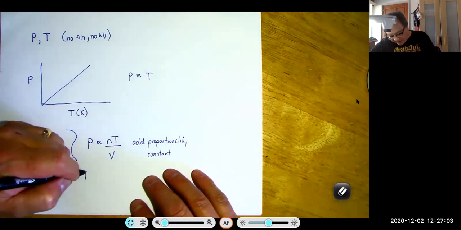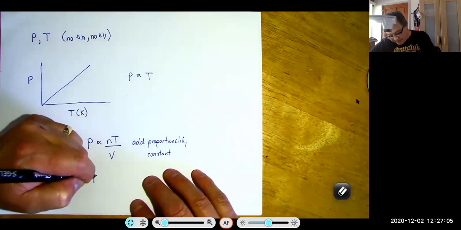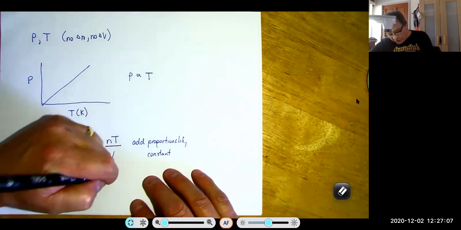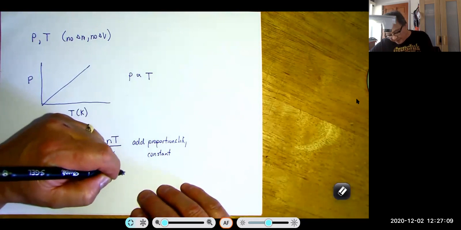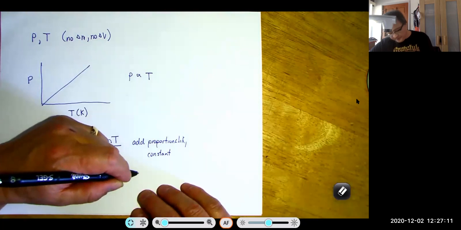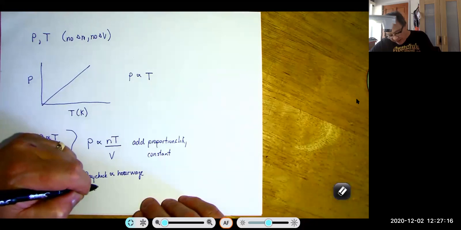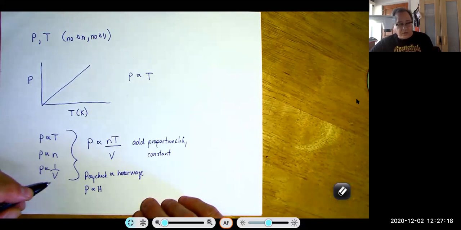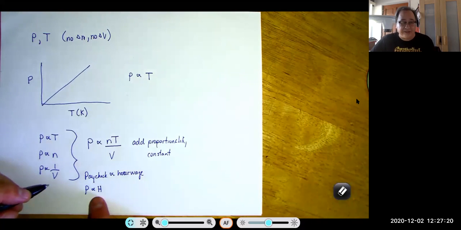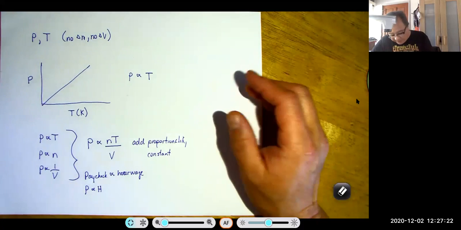Your paycheck is proportional to your hourly wage, right? So paycheck is proportional to your hourly wage. Well, what's the proportionality constant here? It depends on how much you get paid per hour.